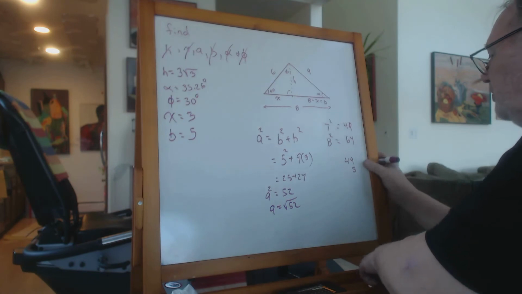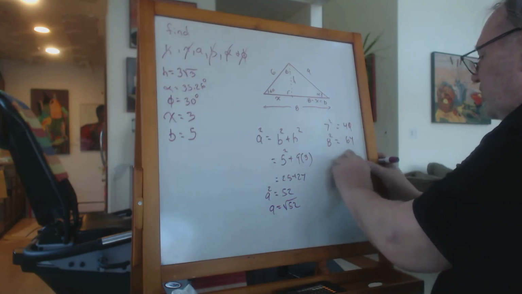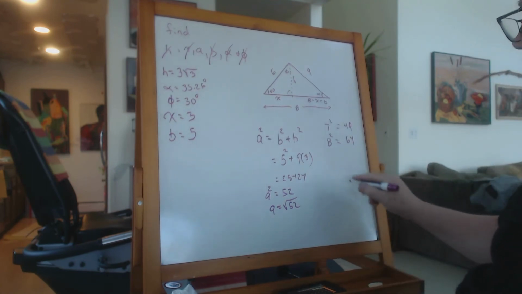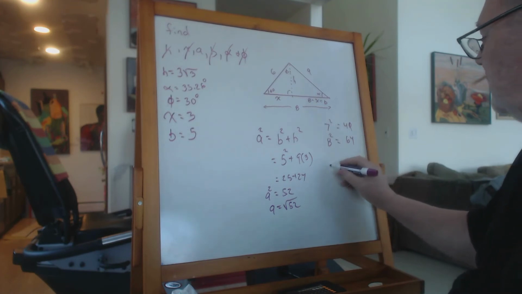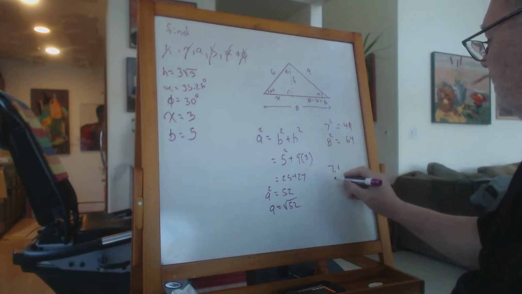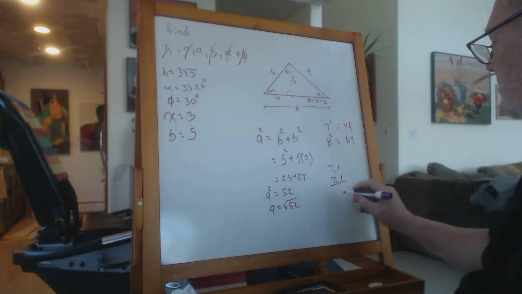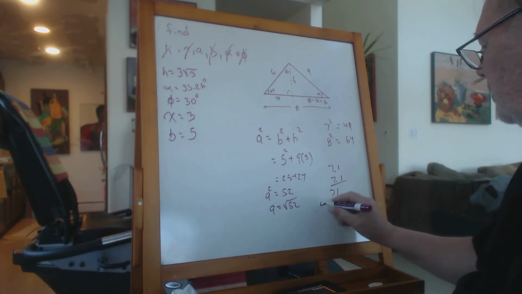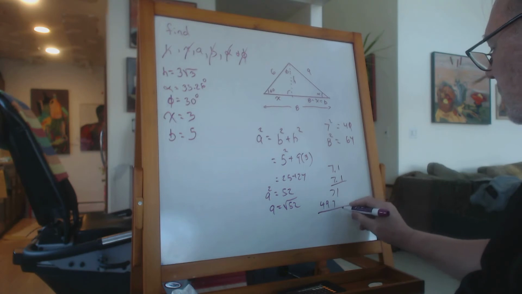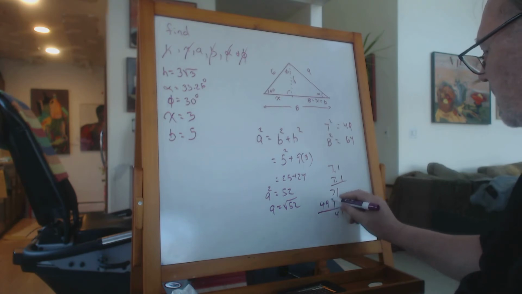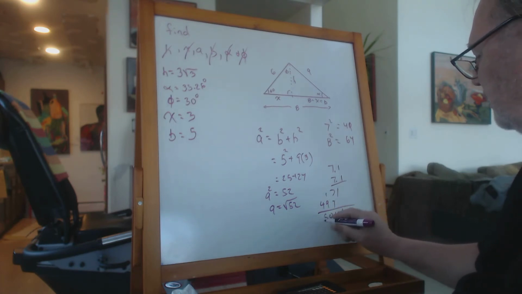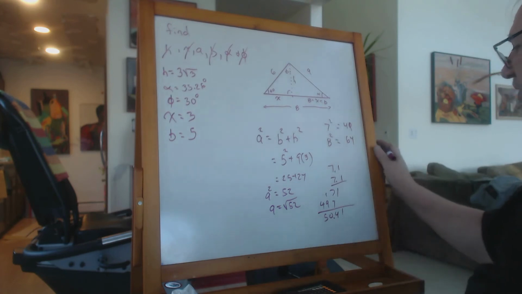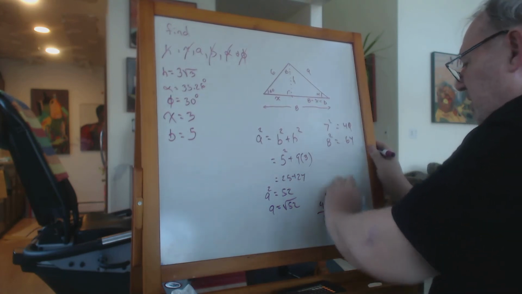So it's not too far. Let's say 7.1. 7.1 squared is 50.41. That's not quite there.